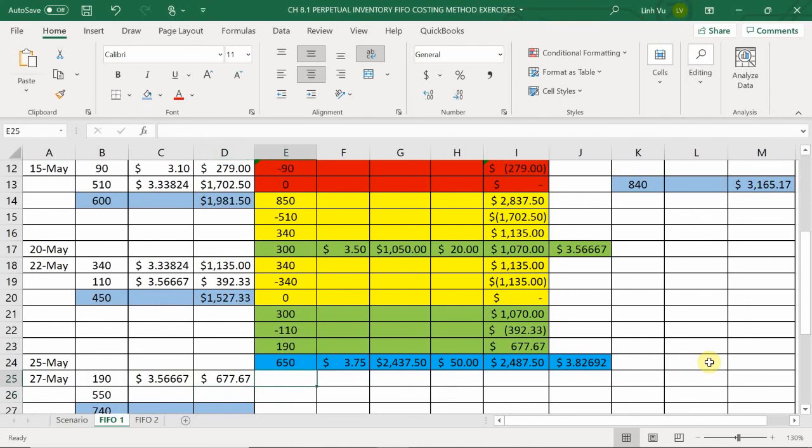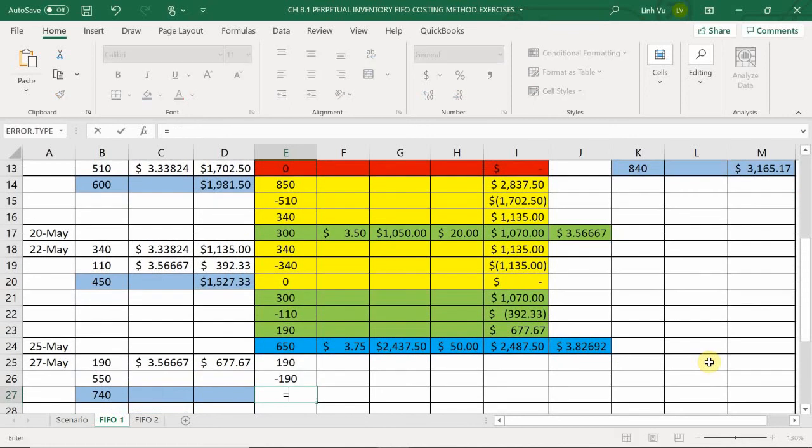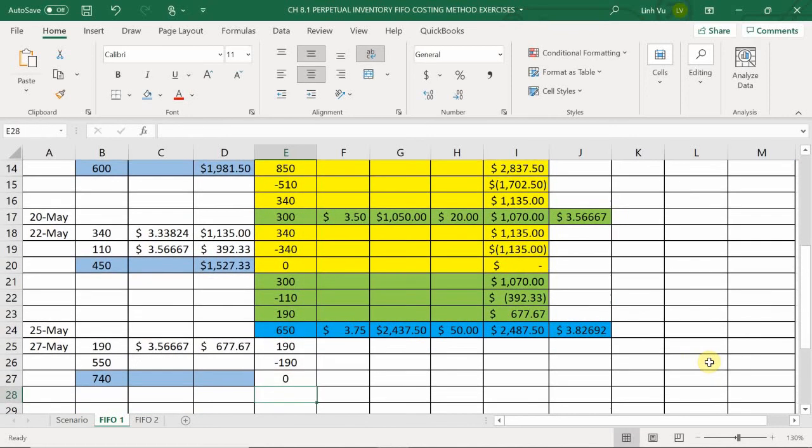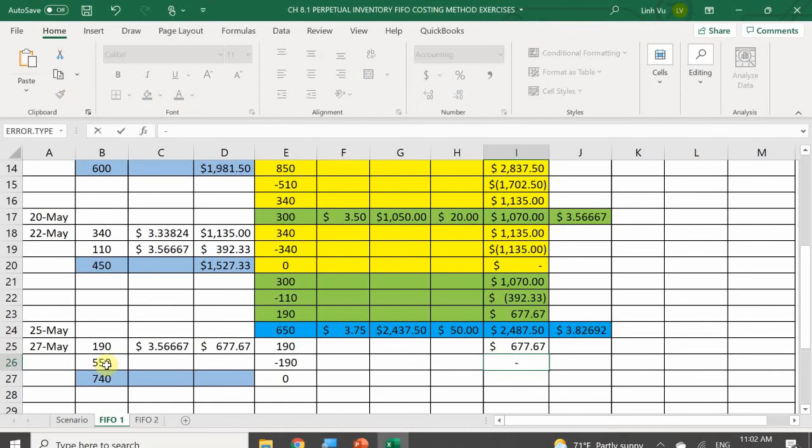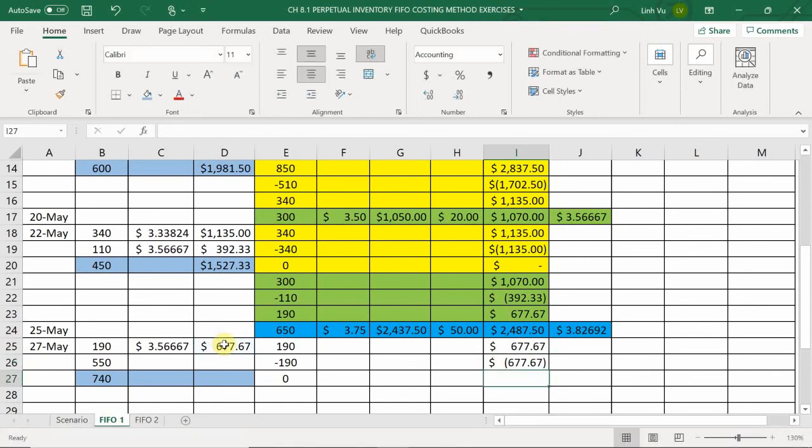Okay. And I'm going to eliminate that from my batch of inventory. So I know for sure it's gone. Okay. Now all I have left to sell from is my blue batch, which in this case, it's the only batch I have left in inventory.